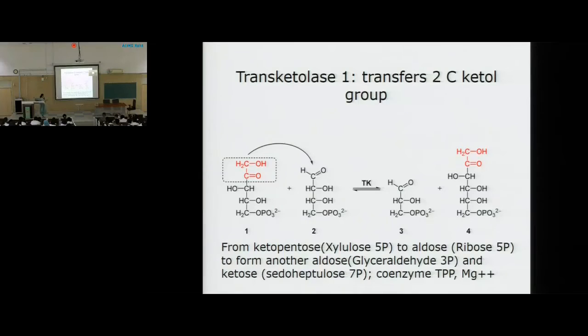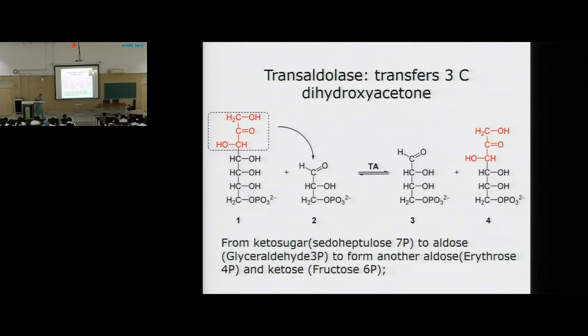In this, a 2 carbon ketol group is transferred, from xylulose to ribose. And in this reaction, what is required as a coenzyme? Thiamine pyrophosphate. So TPP is the coenzyme.